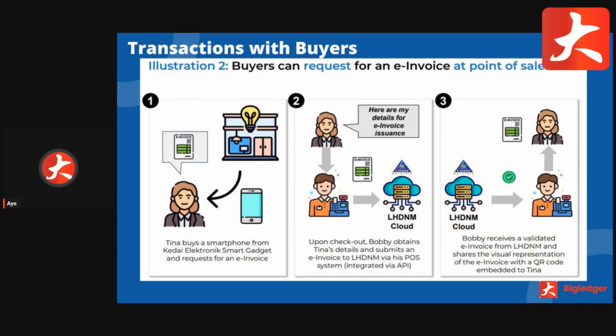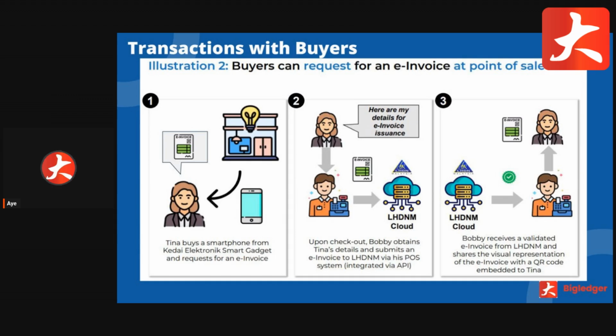Then second one is buyers can request for an e-invoice at point of sales. Okay, so for example, if you look at here, Tina buys a smartphone from Kida Electronics Smart Gadget and requests for an e-invoice. Then during the checkout, the cashier needs to ask for Tina's details for the submission, like her TIN, or her full name, contact number, address, then IC number.